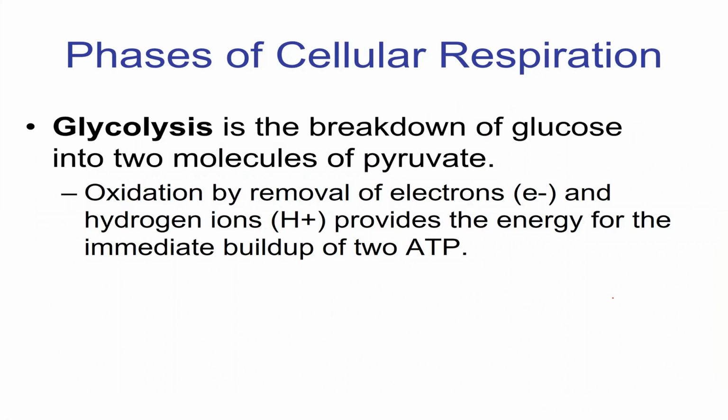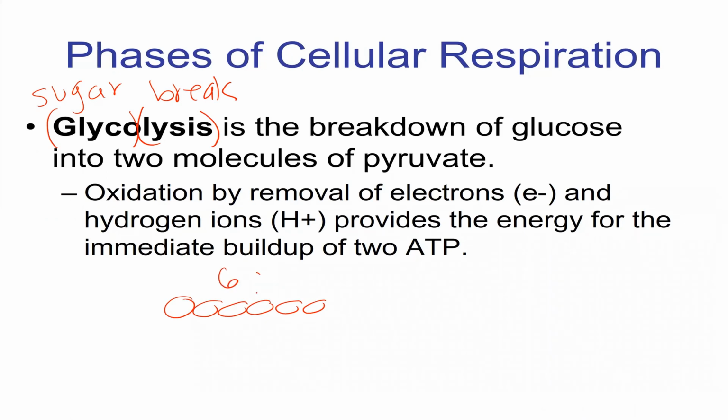So just a real quick, glycolysis is the breakdown of glucose. If we break down this word, glyco means sugar, lysis means break. So we're breaking apart sugar. So glucose is a 6-carbon molecule. And through glycolysis, you're actually going to break glucose in half, and you are going to get 2 3-carbon molecules.